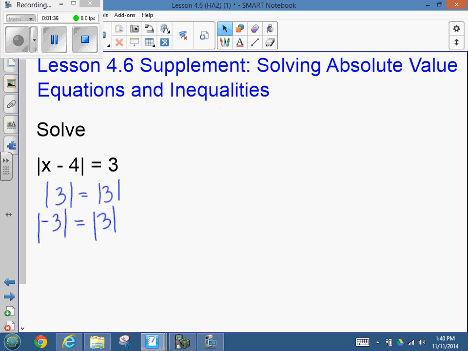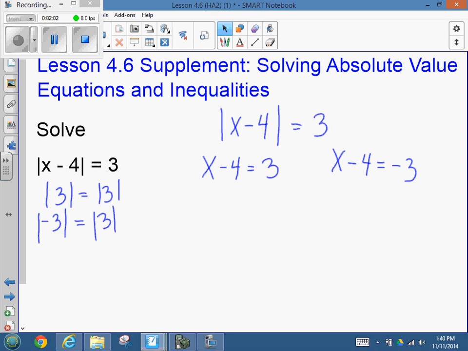So to solve for an absolute value, you are going to break up what's inside the absolute value into different cases. Your first case will be when x minus 4 equals a positive 3. Your second case will be x minus 4 equals a negative 3. This is really what undoes the absolute value, setting up the two separate cases.